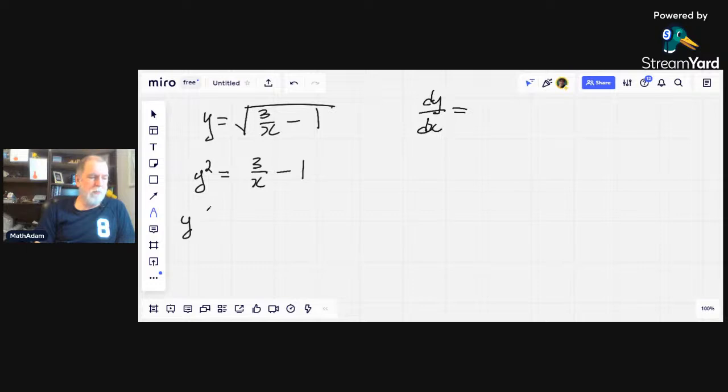So now we've got y squared plus 1 equals 3 over x. Then we swap the x with the y squared plus 1, so we end up with x equals 3 over y squared plus 1.